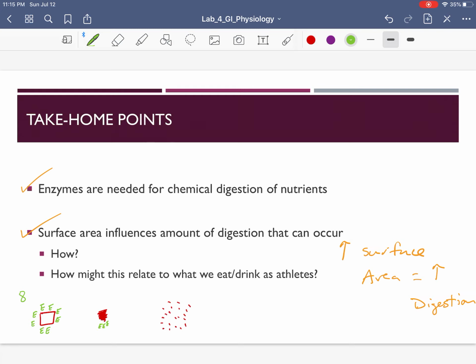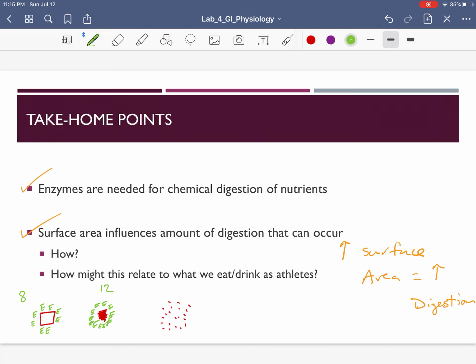So now I can fit 12 enzymes. Because there's more surface area of the starch, I can simply attach more enzymes to it. And if I can attach more enzymes to something, wouldn't there be more digestion?